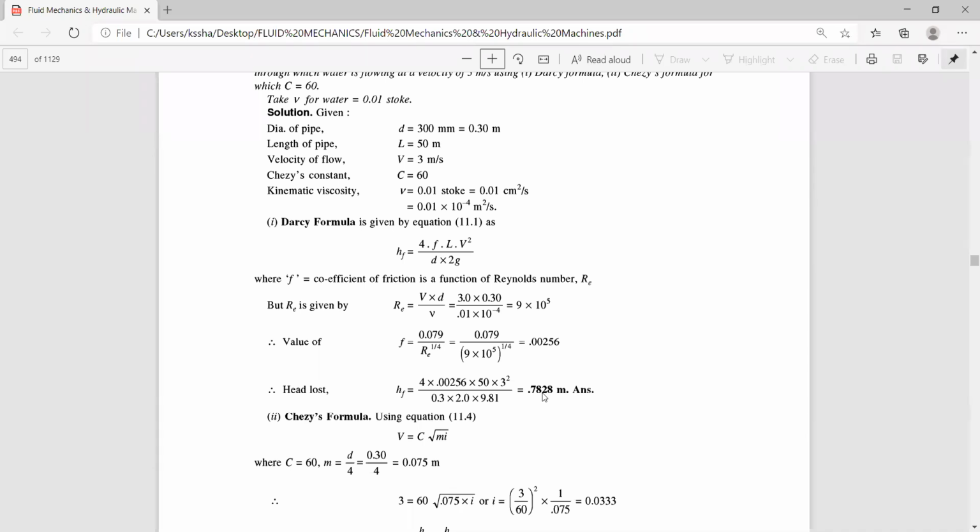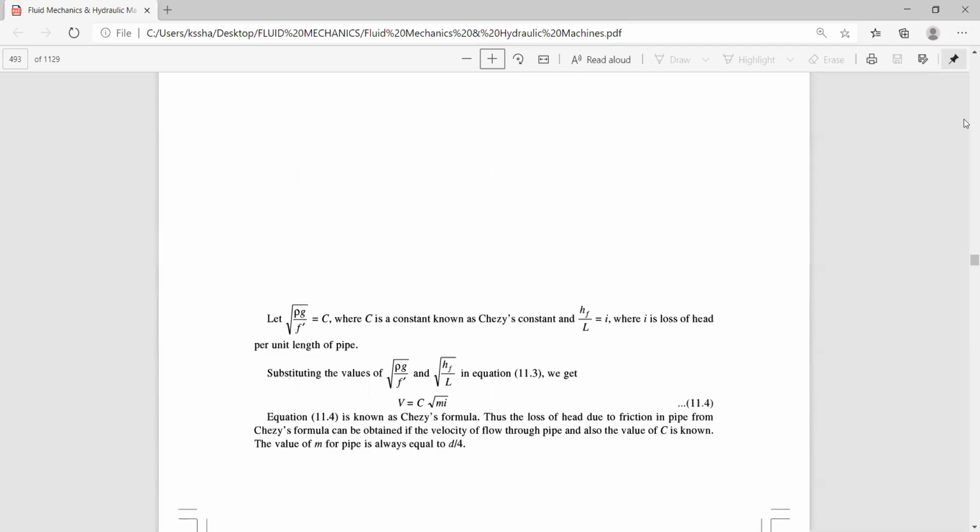Okay. Now, using Chezy's formula, you also have to calculate the discharge. So what is Chezy's equation? V is equal to C under root mi, where C is Chezy's constant, which is 60. Next, m is given by D by 4. Where did you get this m is equal to D by 4?